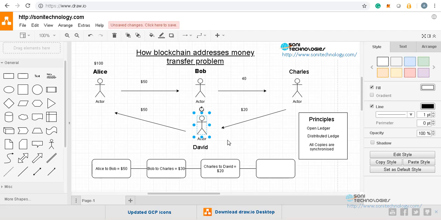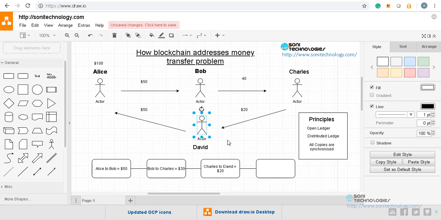In this case, let's say David is a miner competing with other miners. In a network, there may be multiple miners. For example, let's say another person, Joe, joined the network, and Joe is also a miner. So David will compete with Joe to solve this particular problem. Whoever first gives the solution or validates the transaction, their record will be added to the ledger. So this is how the miner concept works in the blockchain.